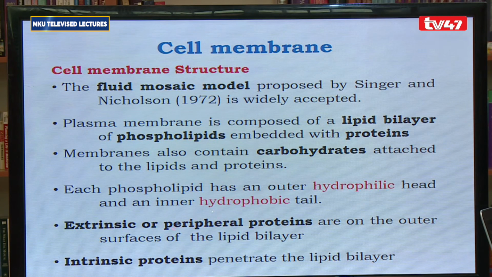So we normally say this compound is amphipathic, meaning it has both hydrophilic and hydrophobic regions. And then the proteins that are attached to this membrane are either extrinsic, on the surface of the membrane, or intrinsic, meaning they travel across the membrane.